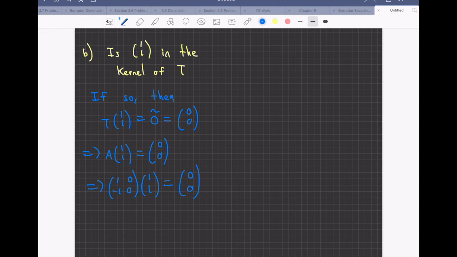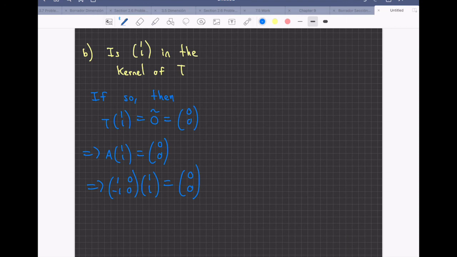So if this equation is true, then we can say that this element is in the kernel.